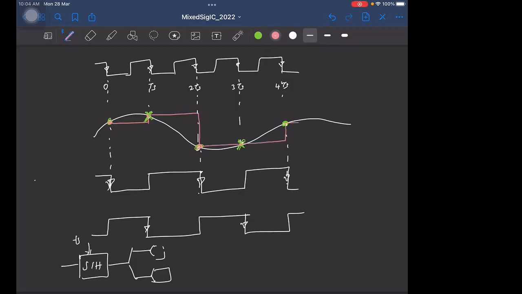So now, even if there is some offset or delays in the sampling clocks like this, what will happen? The signal during this entire time period is equal to the signal that you sampled at this time instant, right? And these time instants are well defined by your master clock.